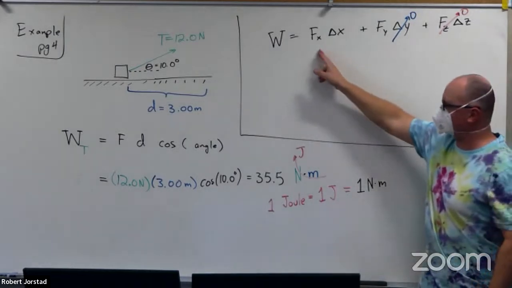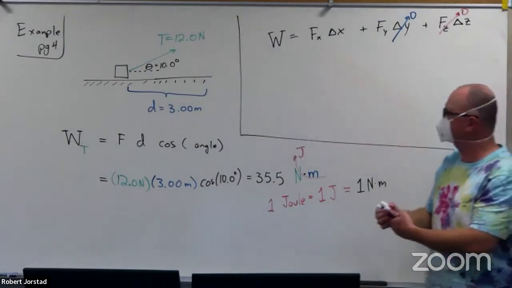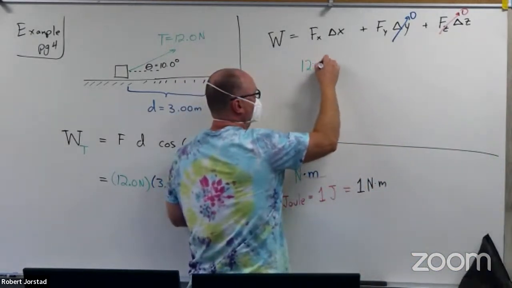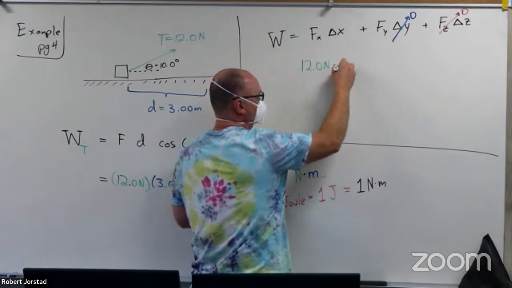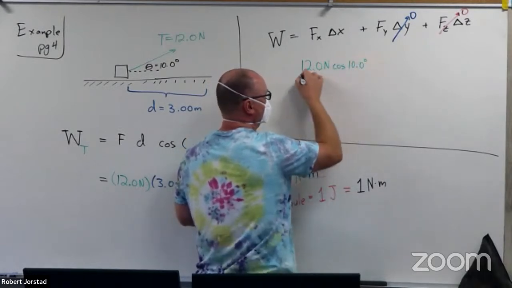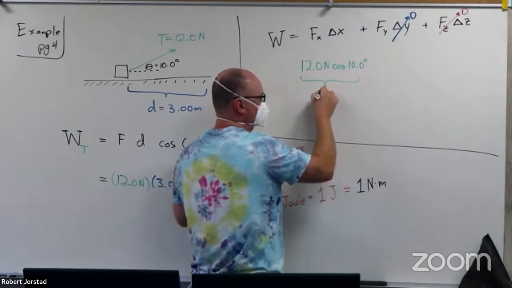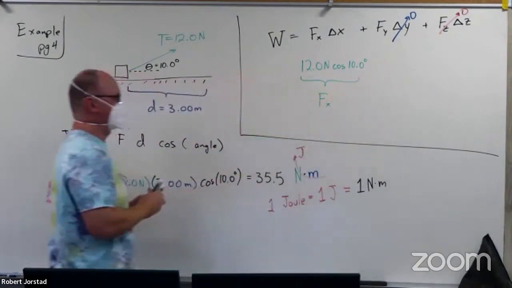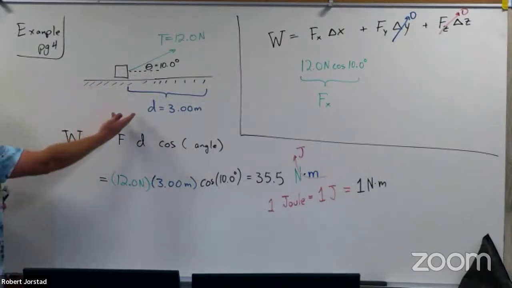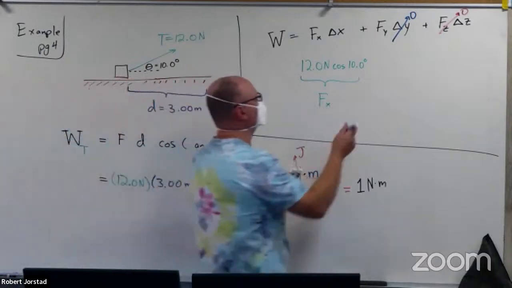What's the x component of the force? 12 newtons cosine 10 degrees, right? Yeah. Yes. So there's f sub x. Well, how much is dx in this problem? How much is delta x, I mean? 3 meters, right?